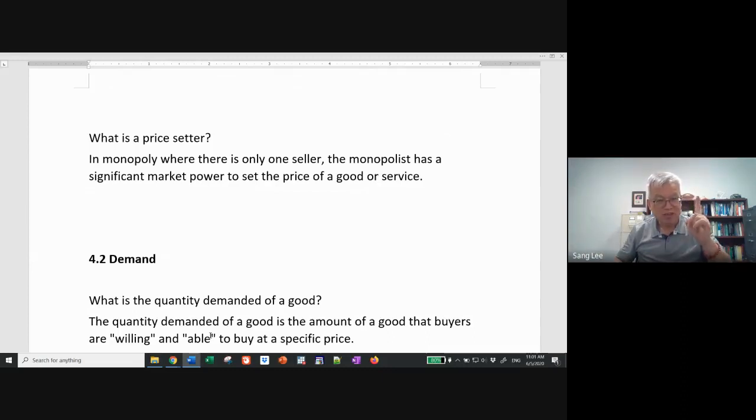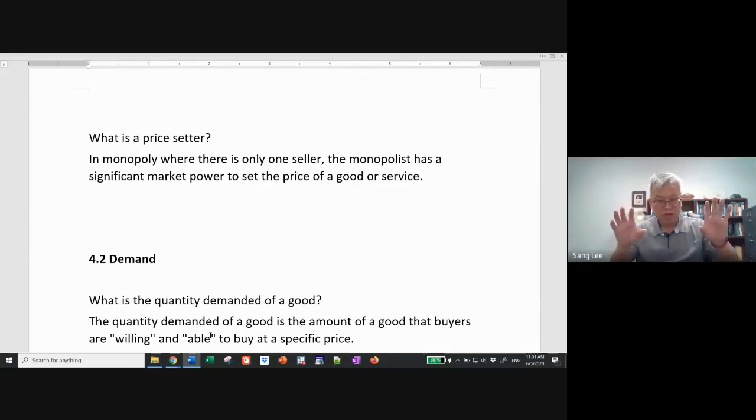The only seller, the monopolist, can set the price of its own product. So we call the monopolist, with a significant market power, a price setter.